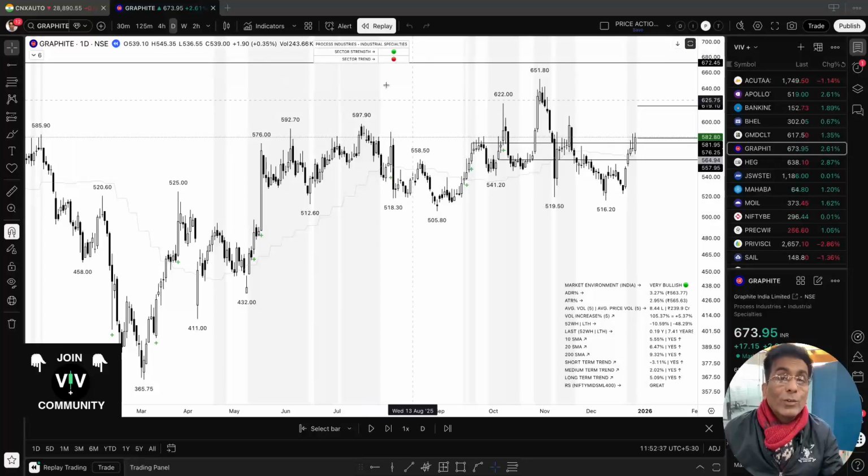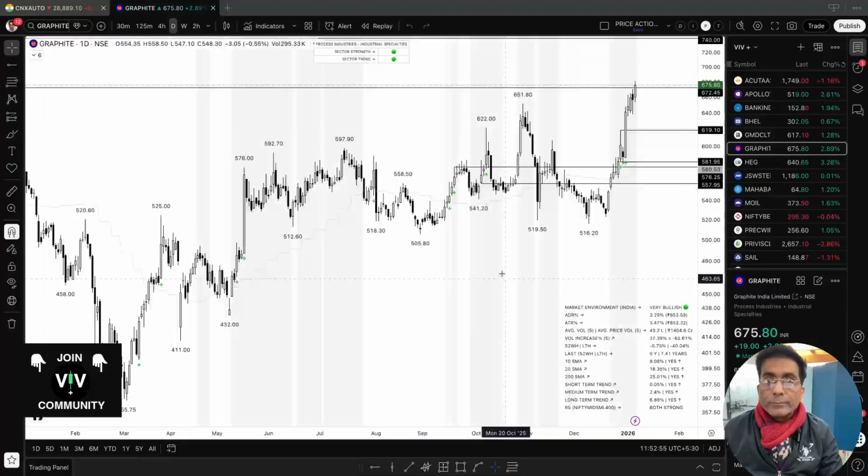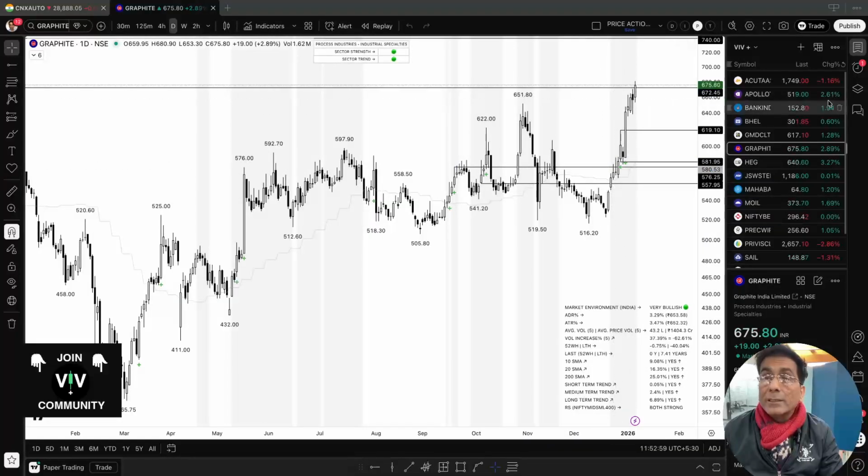There is no index for that, but our system which we have developed was telling me that the sector has strength. Trend has not started, but the sector has strength. So I thought, okay, maybe this is a leader, so I bought it, and it didn't disappoint. I am still holding this position.